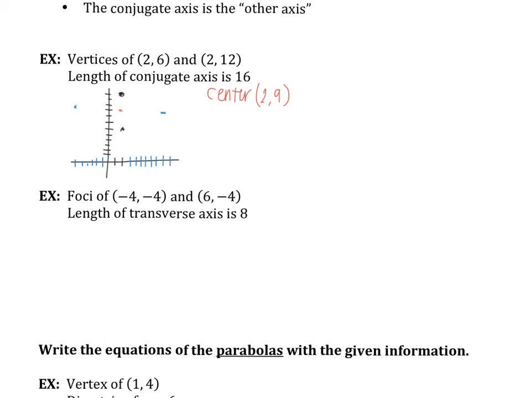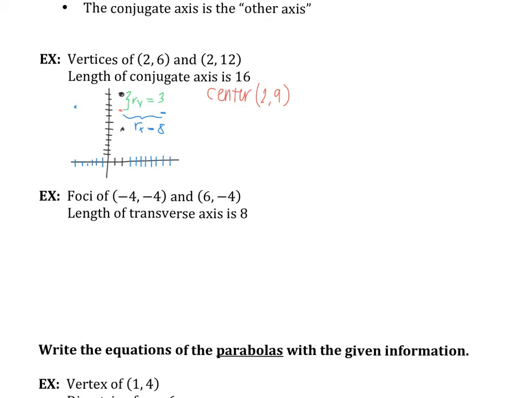Again, this is a hyperbola, so don't be nervous that the longer axis is not the transverse axis. And now I can start working with some of this information. So I know here to here is my Rx, which is 8. I know from here to here is my Ry, and Ry is 3.